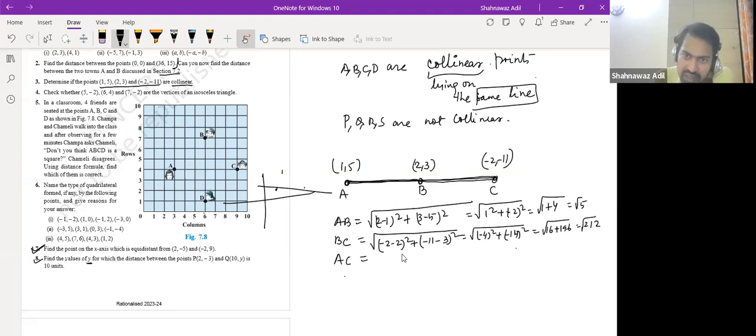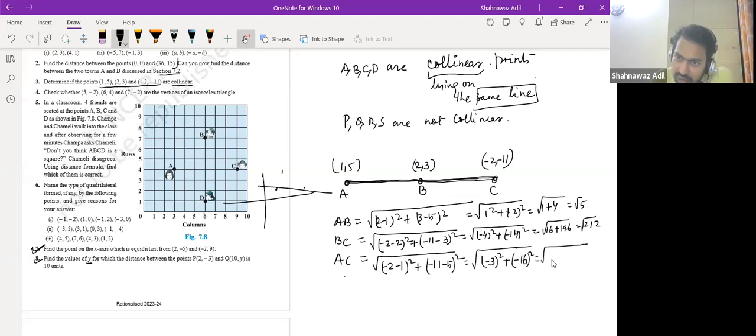And similarly, AC is the root of (minus 2 minus 1) squared and (minus 11 minus 5) squared. So this is minus 3 squared plus minus 16 squared. This is 9 plus 256, so this is root 265. Correct?